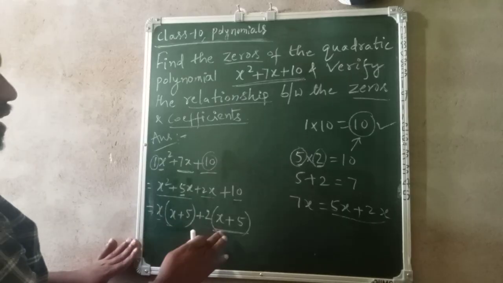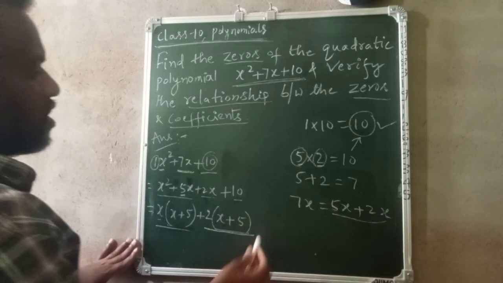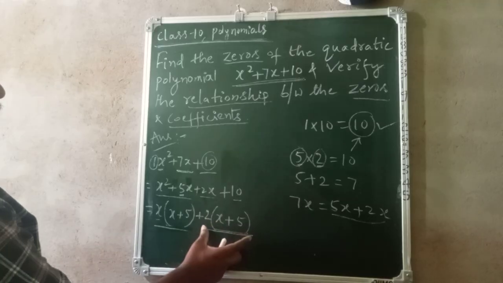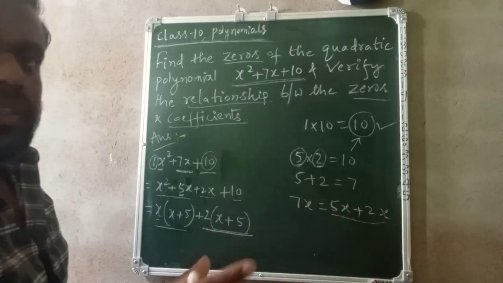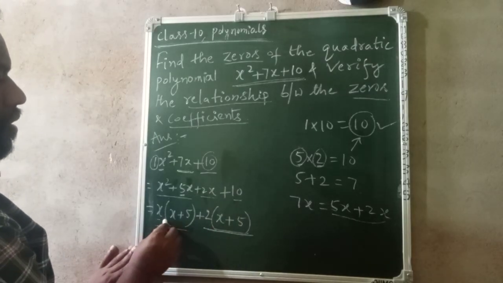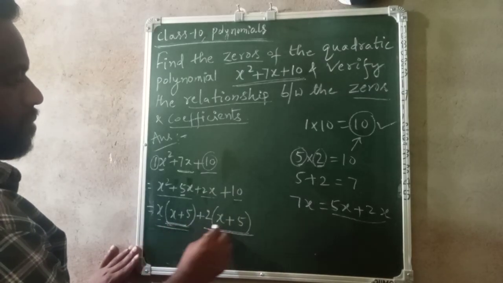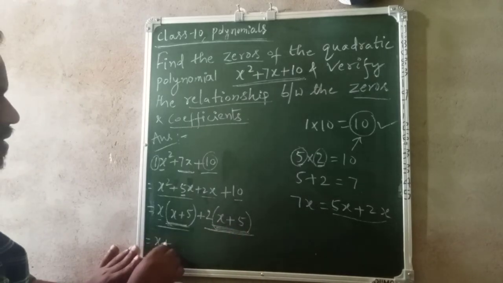Now again, consider this whole term and this whole term. You can see again there is a common factor. Here we have x plus 5, here also x plus 5. So take x plus 5 as the common.